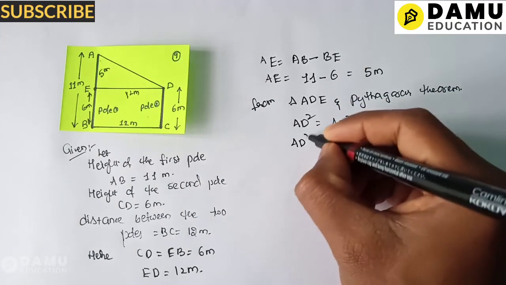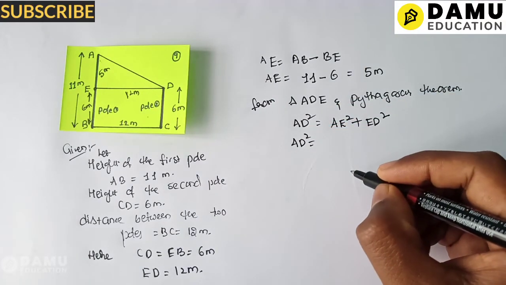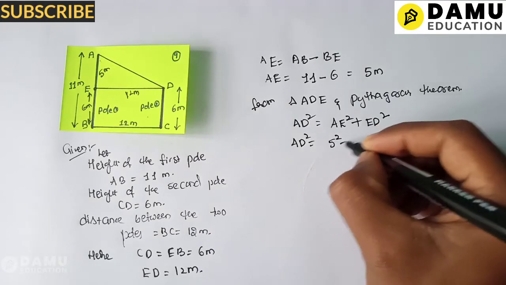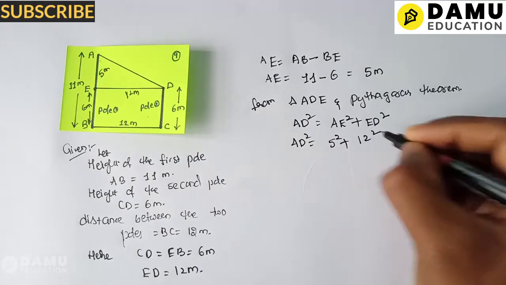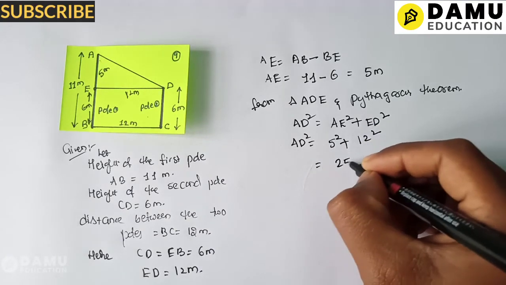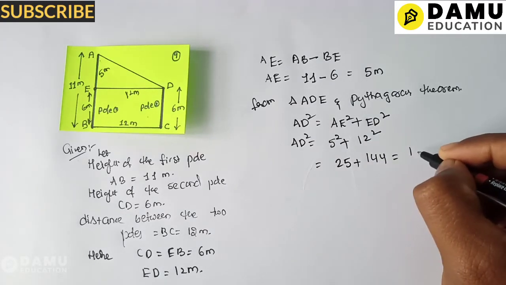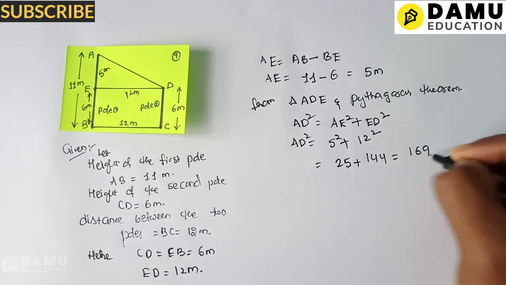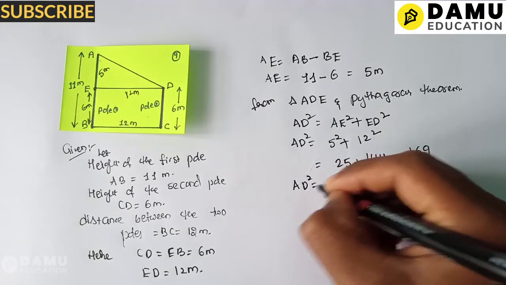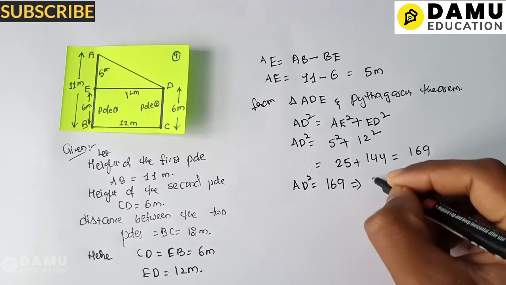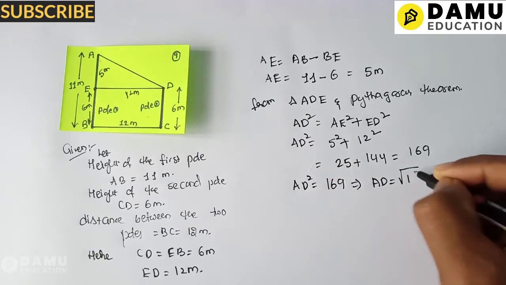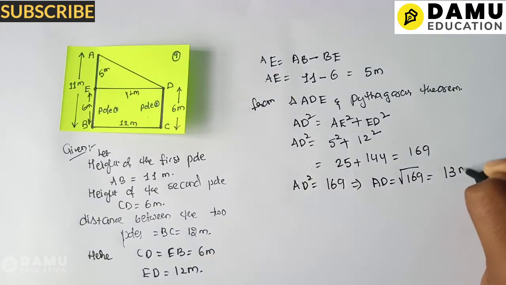AD square will be equal to 5 square plus 12 square. 5 square is 25, 12 square is 144, then 169. So AD square is 169, which implies AD is the square root of 169, so we will get 13 meters.